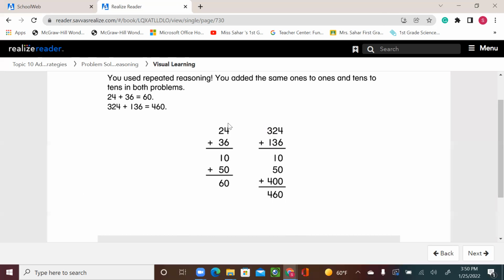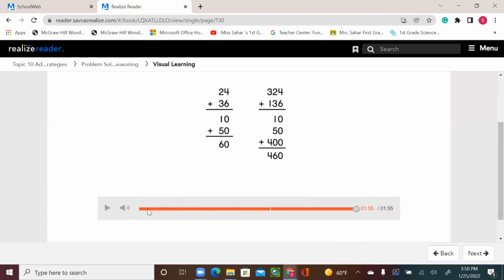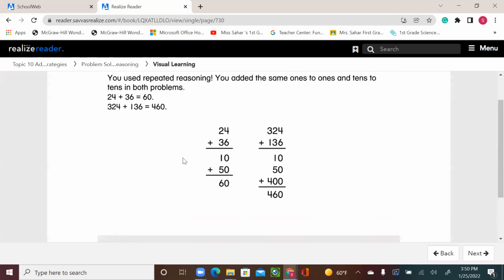So as you see, the tens and the ones for both addends are the same. Over here I have the same, but I also have the 100, 300, and 100 that make 460. So the reasoning was that I repeated the adding for the tens and the ones.